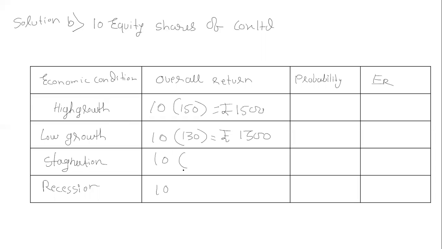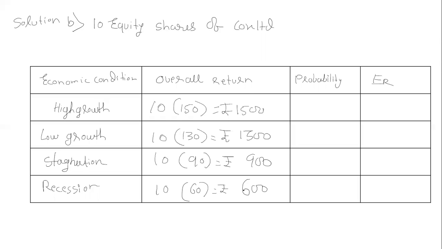And in the third case it is 90. So we'll be earning rupees 900. And at recession, it is 60. So we'll be earning rupees 600.